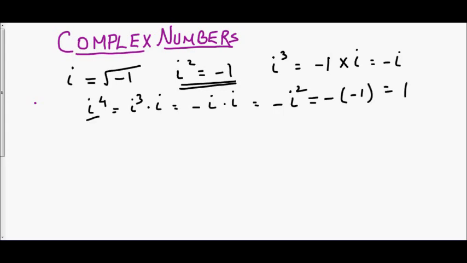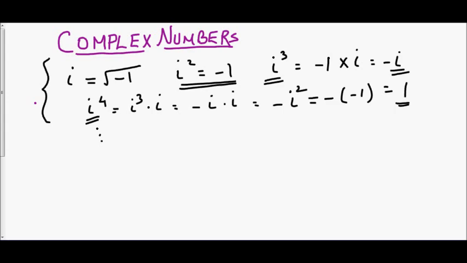So i power 4 is +1, i cube is -1 times i, and as i is equal to root of -1, you can continue like this. You should be having some idea about this: first of all, what is i square, i cube, i power 4, at least up to power 4.